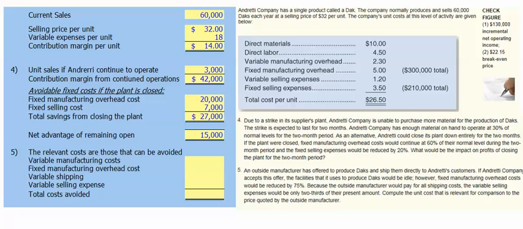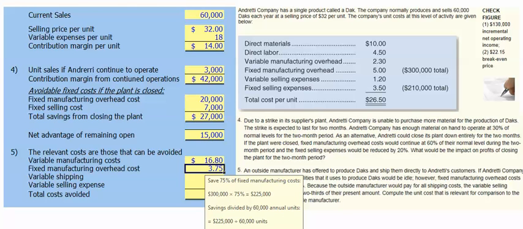Our variable manufacturing costs, again, are $16.80 per unit. That's our $10 for direct materials, $4.50 for direct labor, and $2.30 in variable overhead. Our fixed manufacturing overhead will be $3.75 per unit. We were told we would have a savings of 75%.